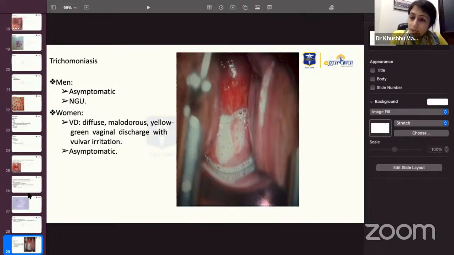Again, if you do a pH, you find a pH which is more than 4.5. Right? Now, another important thing that I see in Trichomoniasis is if you do a PS examination, you see strawberry cervix. So strawberry cervix is seen in, again, another important question, Trichomonas vaginalis.